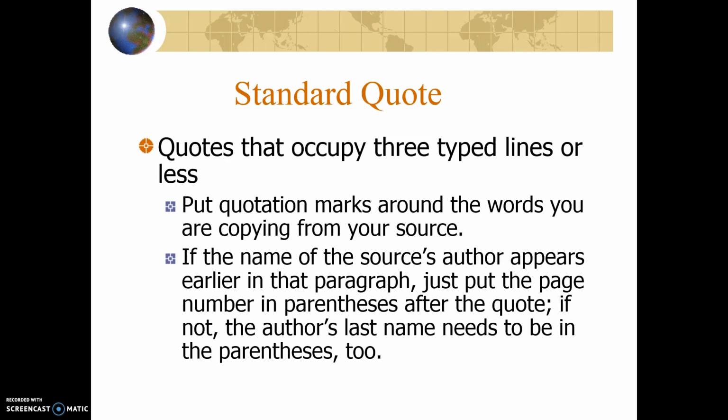Just so you know, in MLA, it doesn't matter how many words are actually in the quote, it doesn't matter how many sentences are in the quote. In MLA, it's all based on how many lines on the page are taken up by that quote when you type it out. A standard quote is any quote that occupies 3 lines or less on the page.